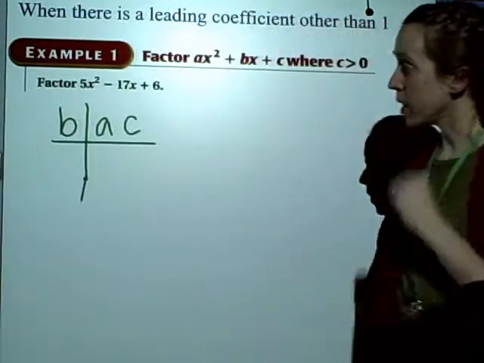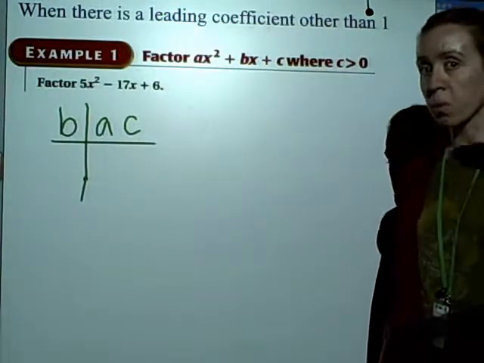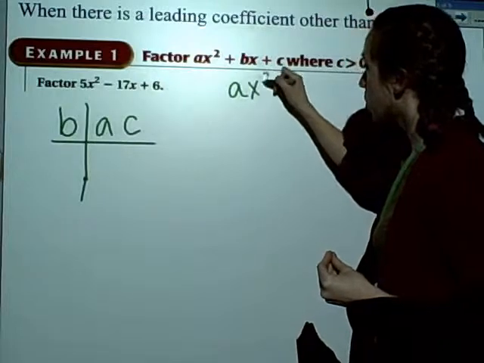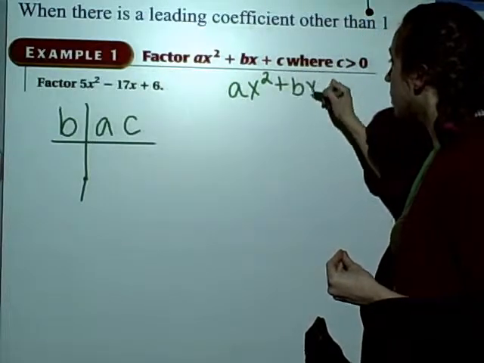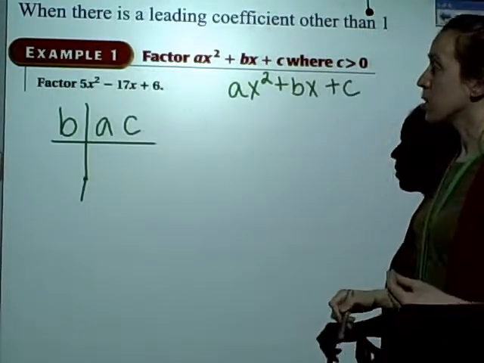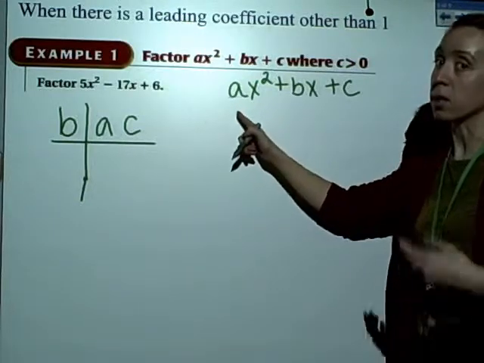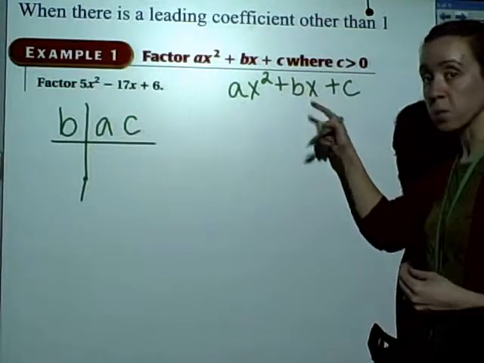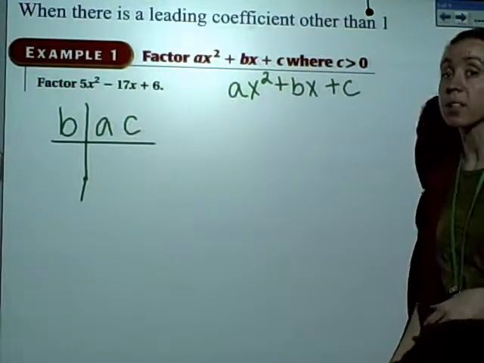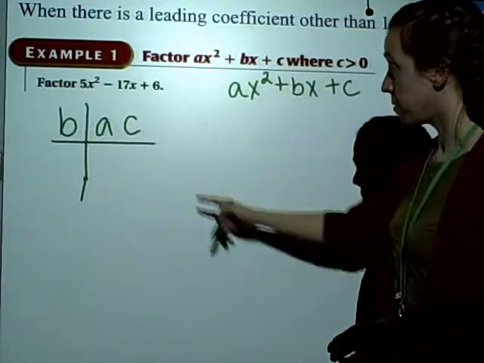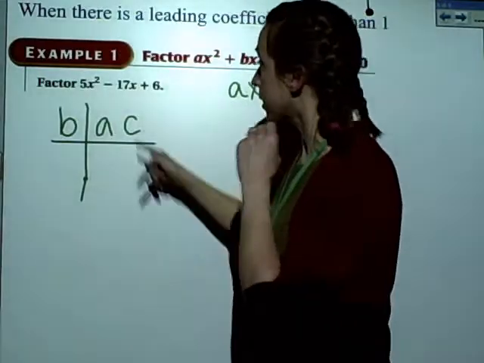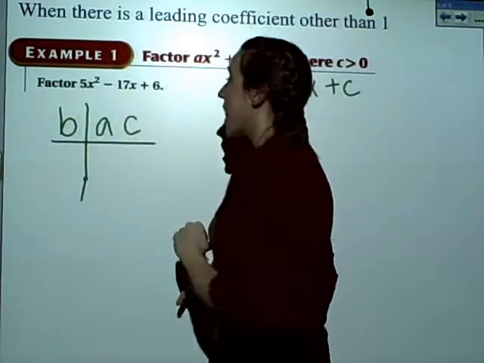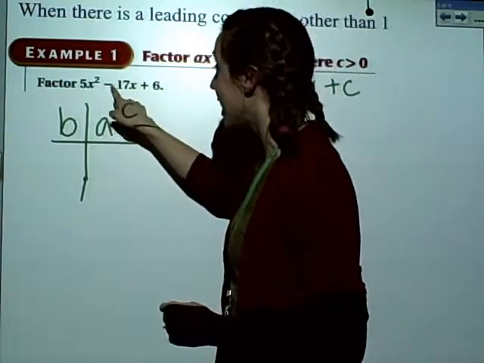Okay? So what that means is, if you'll remember way back, our quadratic is in the form of ax squared plus bx plus c. That means whatever number is in front of x squared, your coefficient of x squared, is a, coefficient of x is b, and then your constant is c. Okay, so to figure out this chart, I'm going to look at my quadratic, and I'm going to say my coefficient in front of x, my b value, is a negative 17.